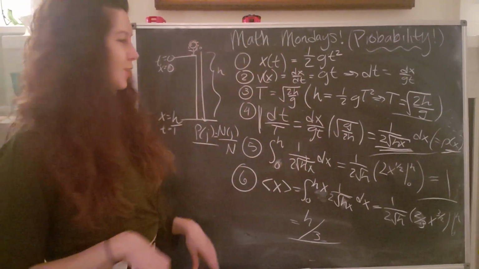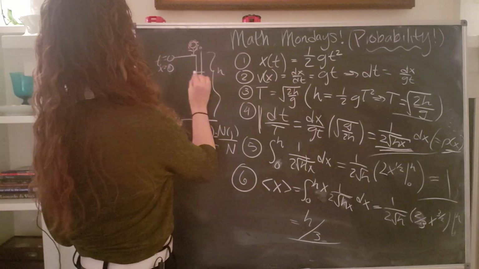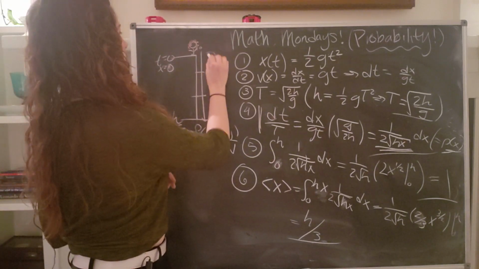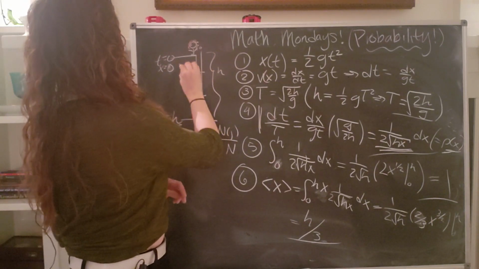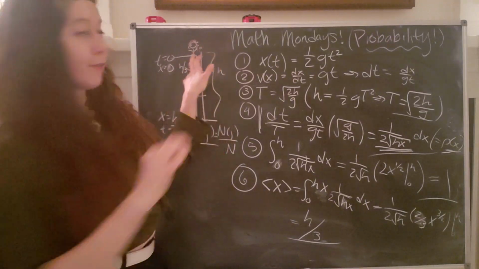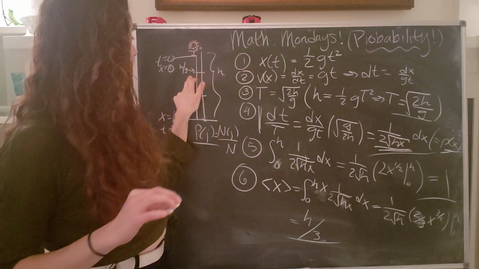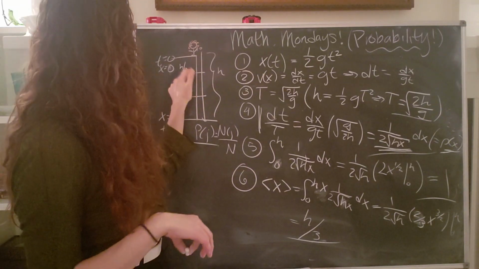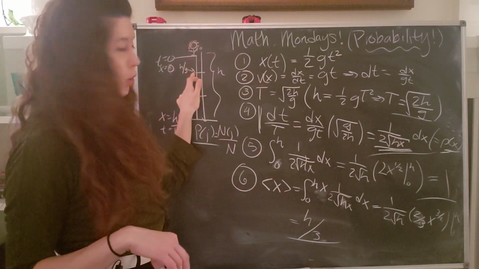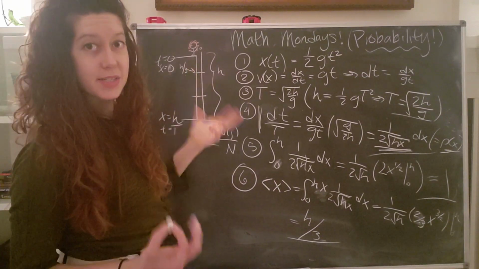Boom! Look at that. So that's actually pretty interesting, because what that means is that the average height of our penny as it travels from the top of the building to the bottom of the building is at h over 3. In other words, once it's traveled 1/3 of the distance, that is its average height.